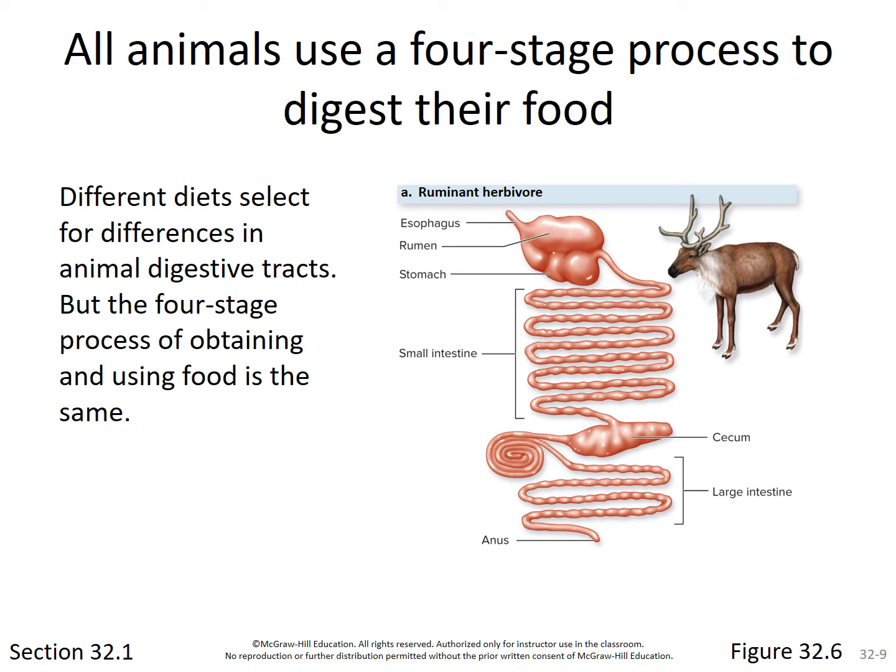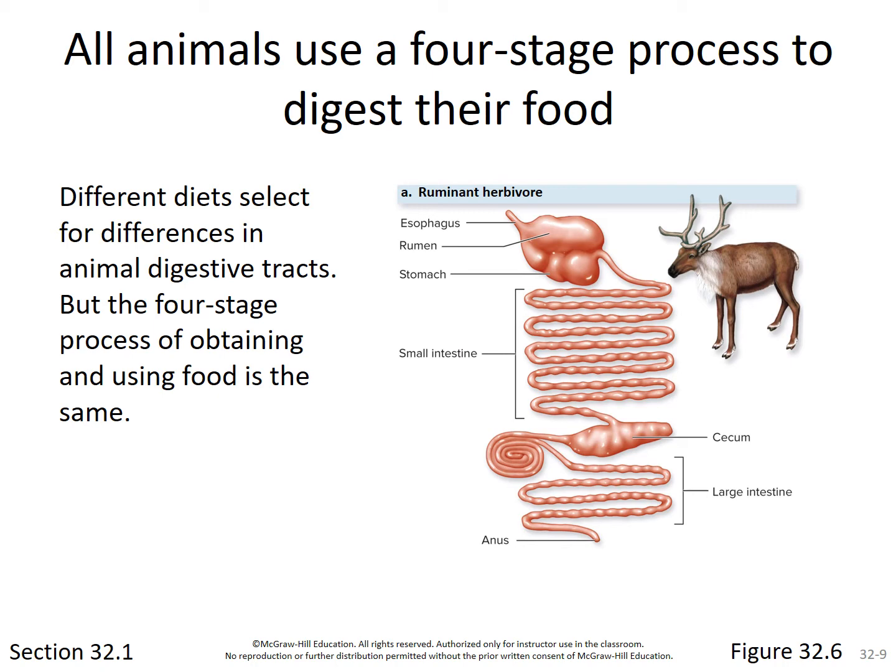Another way that you can tell an animal's eating habits is by taking a look at the structure of the digestive system. One of the things that I said at the beginning of the semester was that structure and function are often very closely related, and this is a good example of that.